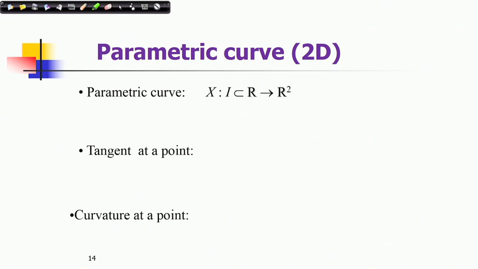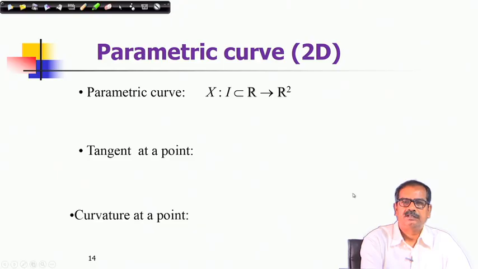So, let me first explain how parametric curves in 2D are represented mathematically. Here you consider a parameter which is a subset of the real space, whose values lie in an interval of real space, and you are mapping this parameter value to a coordinate of a two-dimensional space.